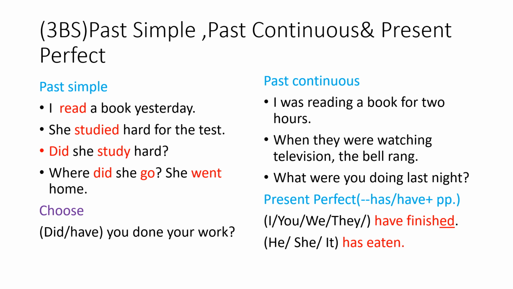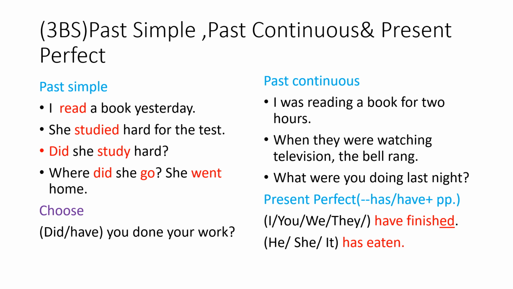For the past continuous, normally the past continuous is going to talk about actions that take place for a very long time in the past. For example, I was watching, and it is made up of two parts: was or were plus verb ending in ing, just like is and am or are in the present continuous, we saw it previously.